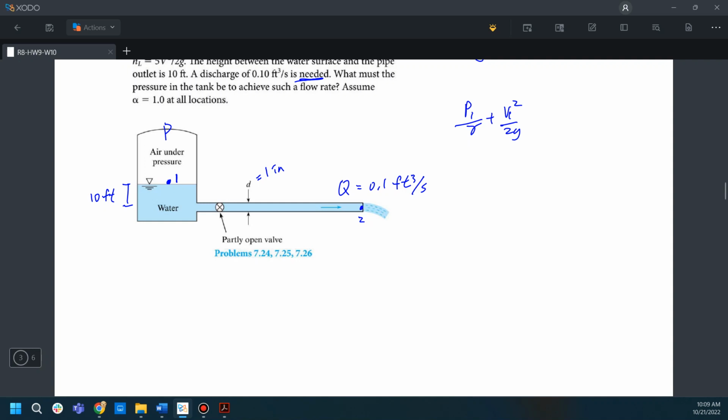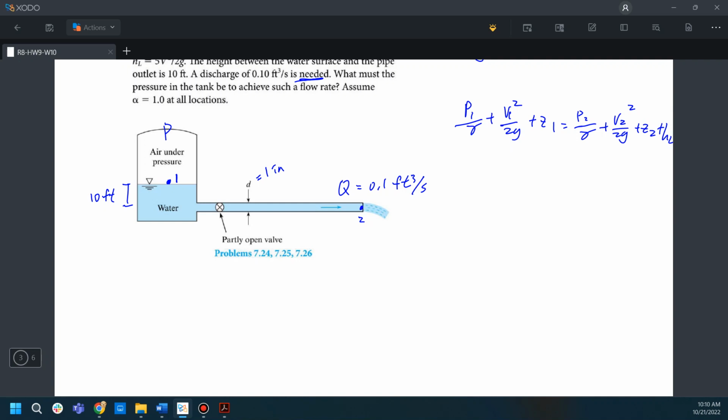Because the correction factor alpha is equal to 1, I didn't write it down here. P1 over gamma plus V1 squared over 2g plus Z1 is equal to P2 and so on, plus the head loss.